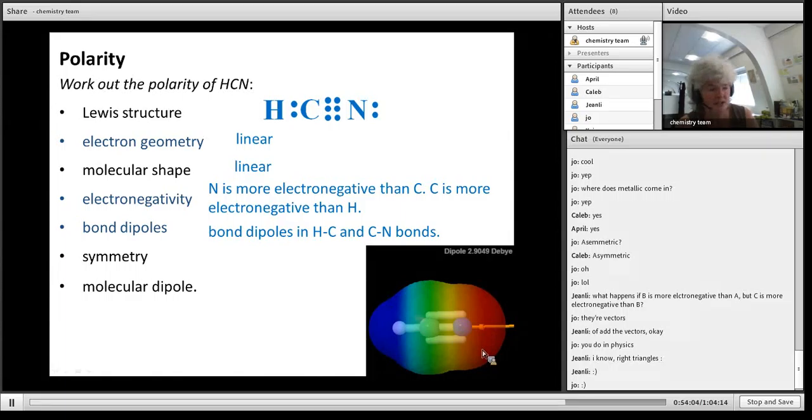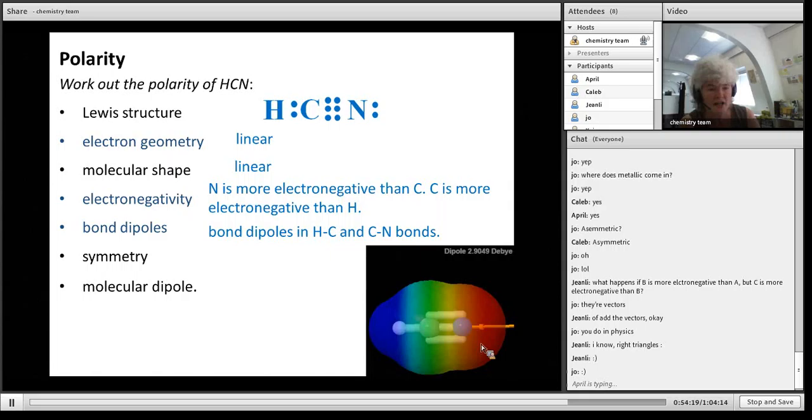Remember, electronegativity is a property of an atom, of how strongly it holds its bonding electrons. It's not to do with how negative an area is. So because this is more electronegative, this area becomes more negative. So just use your wording carefully. And this area is more positive, and I've got a bond dipole going all the way through.